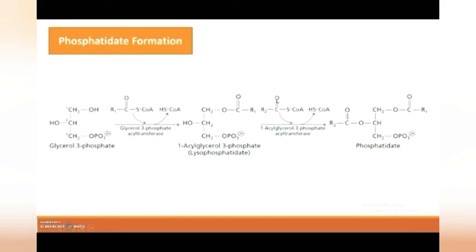The O here will attack, and the O at C number 2 will attach to the carbonyl, and then because the O has 3 legs, it will release H, and the C has 5 legs, it will release SCoA, and then the phosphatidate is formed. We can see that at C number 1 and C number 2, the functional groups are esters.